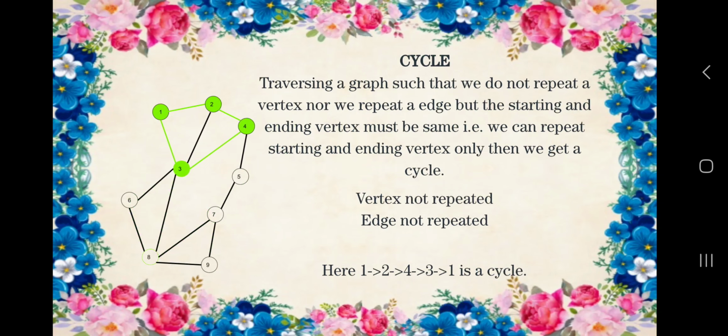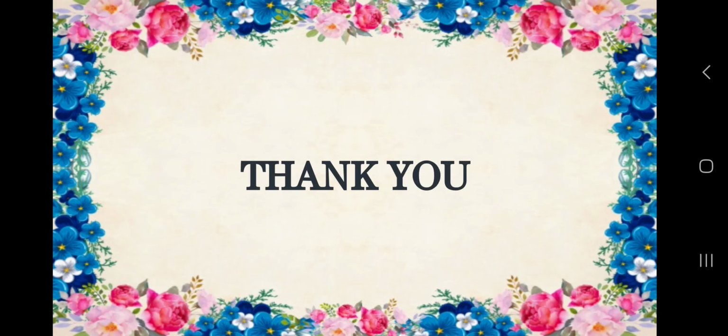That's why the starting and ending vertex can be repeated. All the other vertices and edges should not be repeated. So in this cycle, I'll start from 1 to 2, 2 to 4, 4 to 3, 3 to 1. So 1 is repeated twice because the starting and ending vertex should be the same.